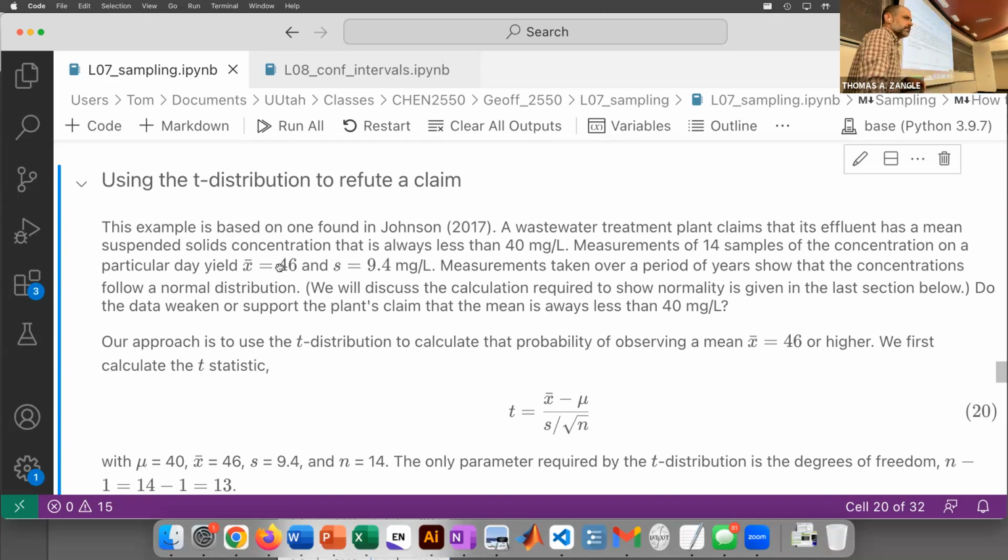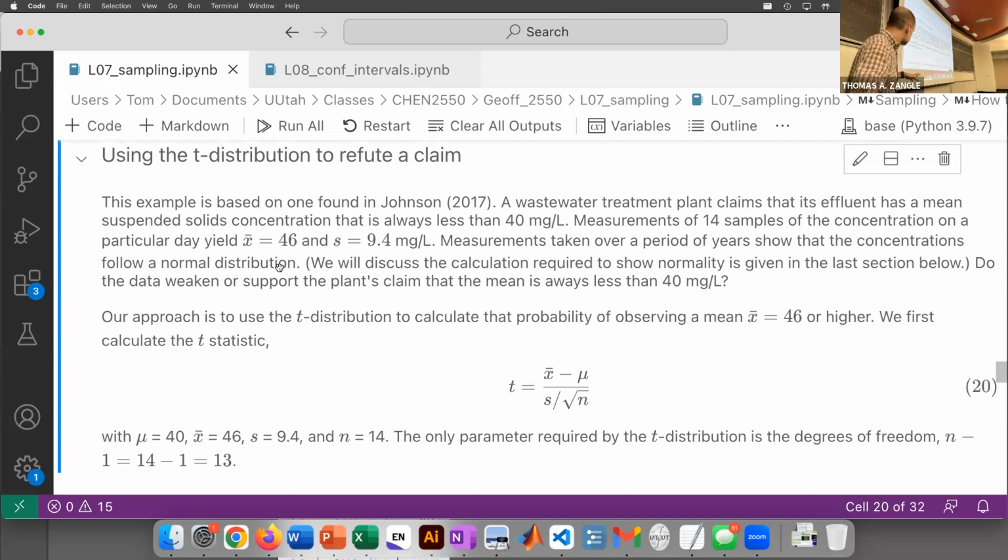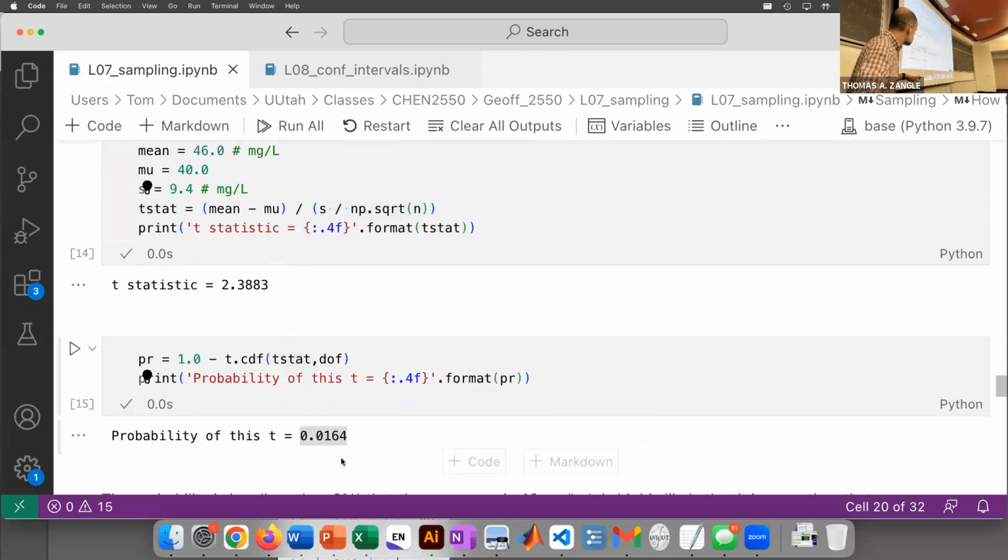Does that make sense? So it's theoretically possible, in this case, we're saying that there's about a 2% chance, or like a 1.6% chance, that even though the actual true average of wastewater suspended solids concentration from this plant is 40 milligrams per liter, on a given day we make 14 measurements and have an average of 46.